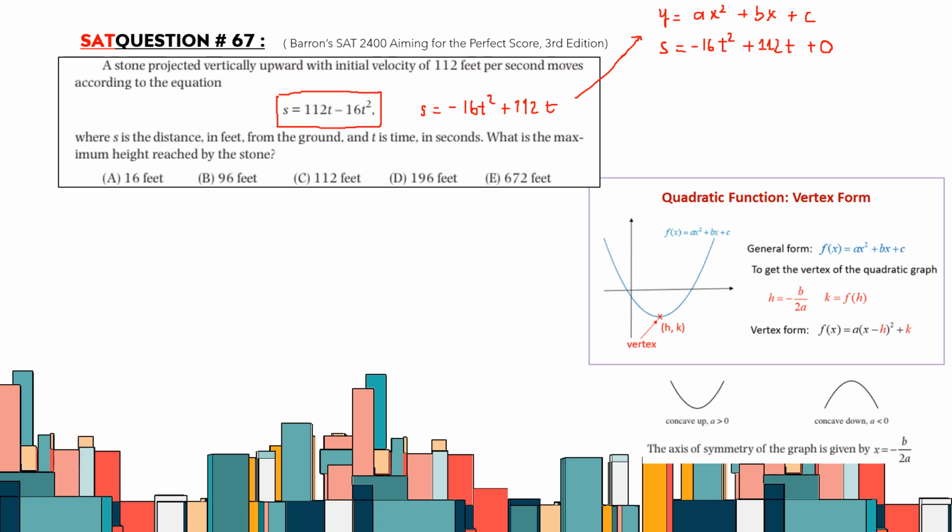That's why we have to be familiar with the general form and the vertex form of quadratic equations or functions, so that by looking at them, we can remember the steps we need to solve these questions.